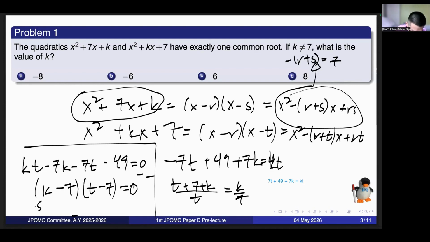If we factor this using Simon's Favorite Factoring Trick, known by the acronym SFFT, we will get kt minus 7k minus 7t equals 49.